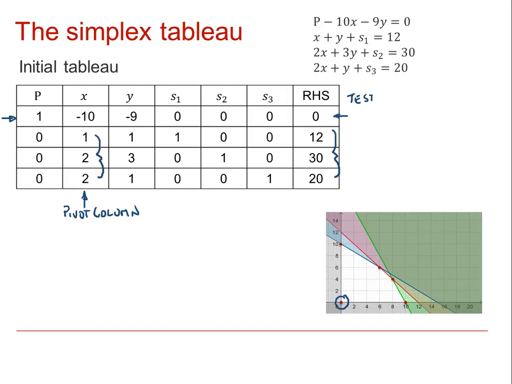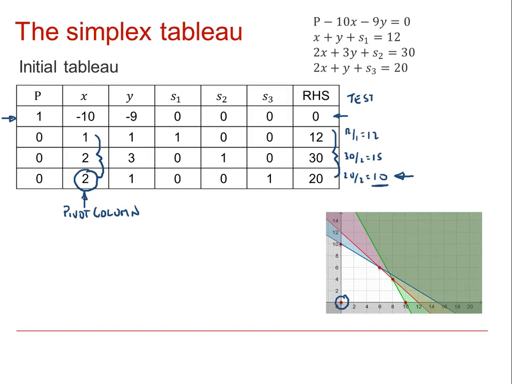So 12 divided by 1 is equal to 12. 30 divided by 2 is 15. And 20 divided by 2 is 10. Then we choose the smallest positive value of those. In this case, 10. And that then produces this element here as being the pivot element.